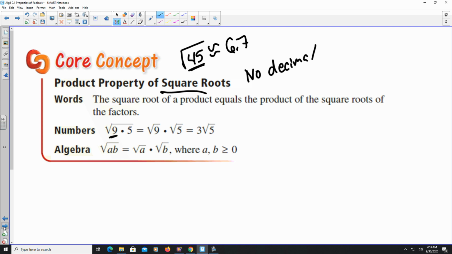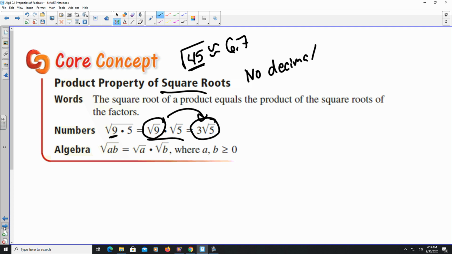Then you can split it up into two separate square roots: the square root of 9 times the square root of 5. The square root of 9 gets out of the radical, and finally it's simplified as 3 times the square root of 5. That's the answer that we are looking for in these types of situations.